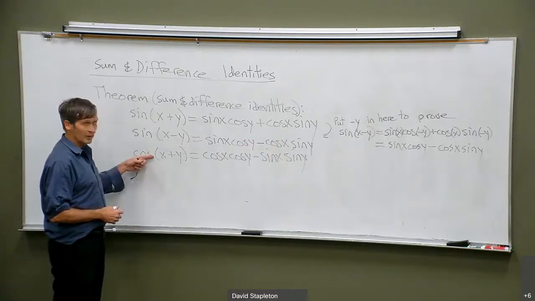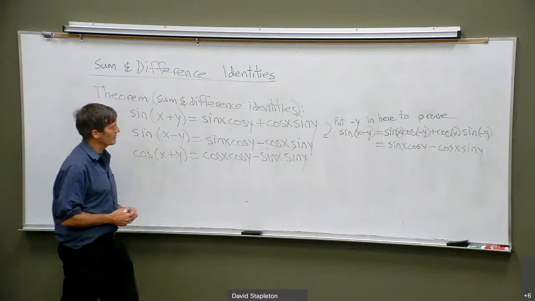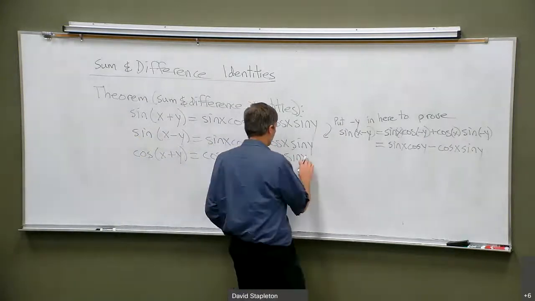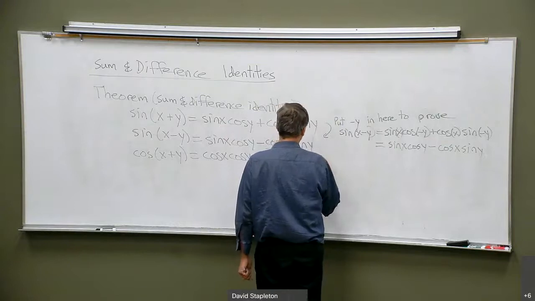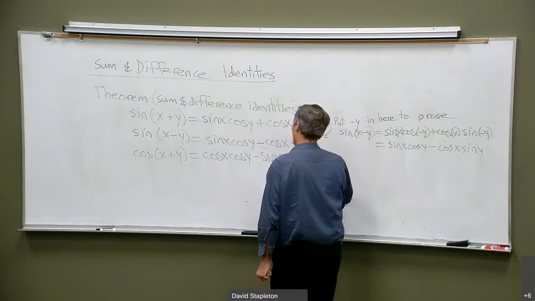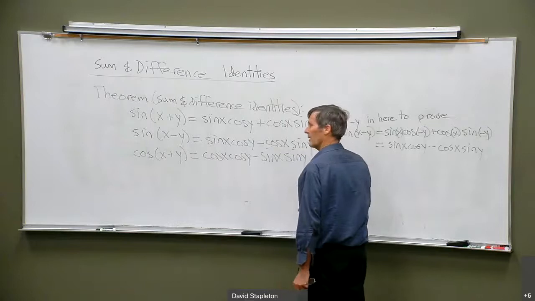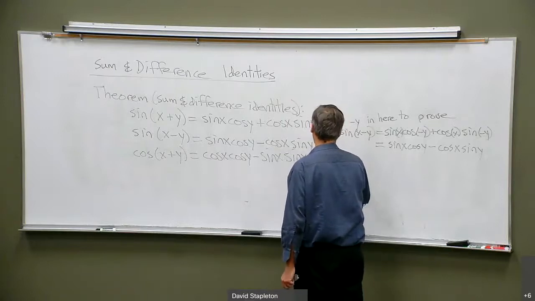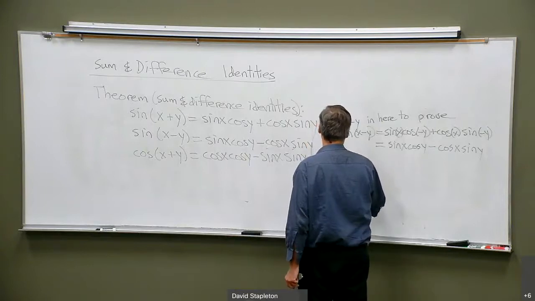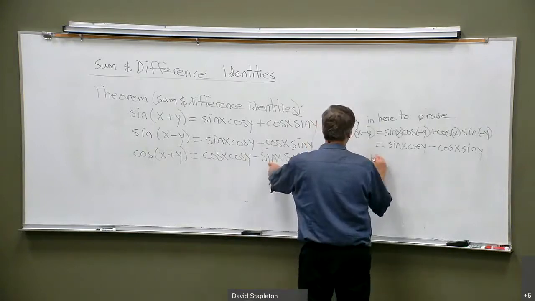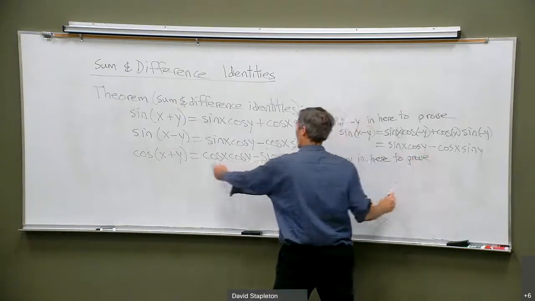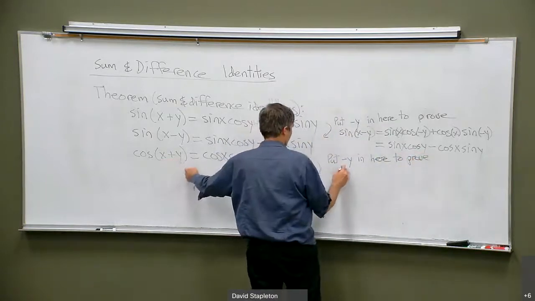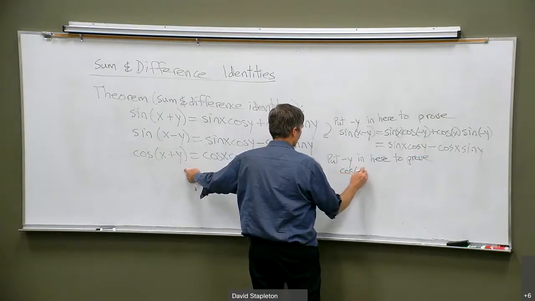And similarly from this one, we can prove the difference identity for cosine. You accept this one, which actually can be proved from this one, the cofunction identities. Suppose in this one, we try and prove a difference identity for cosine. This is a short insightful proof, that's why I'm doing it. Put minus y in here, in this equation, to prove, similarly, on the left, cosine of x plus minus y is just cosine of x minus y.